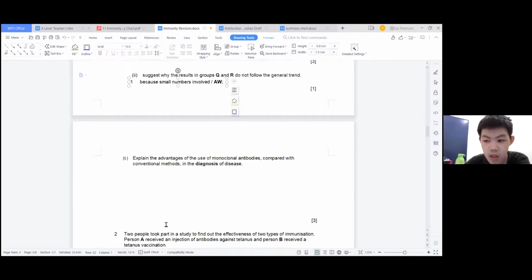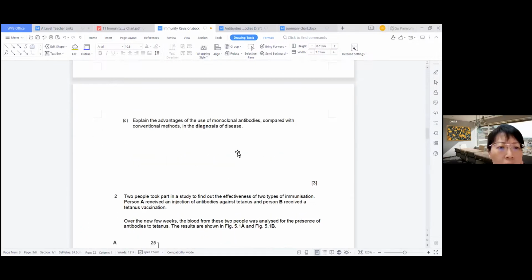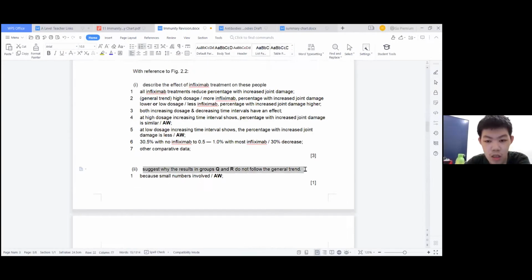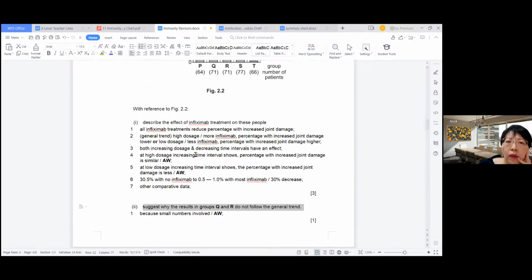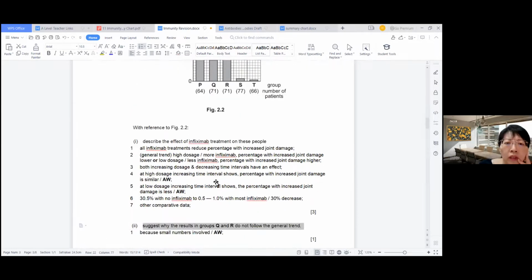This one? Suggest the advantage of using monoclonal antibodies compared, no, not this one. Previous one. This one. Suggest why the results in groups Q and R do not follow the general trend. What is the general trend?